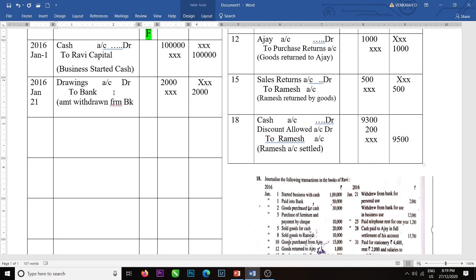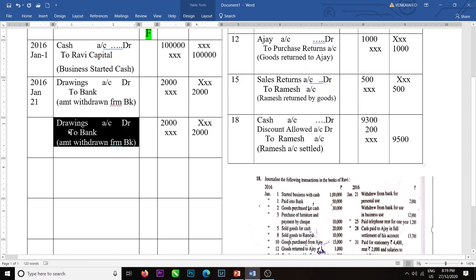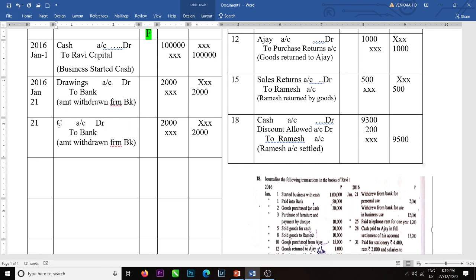Okay. Next one is the same entry. Withdrawn from bank for which use? Office use. Date is the same, 21. For what purpose was the cash withdrawn? Office purpose. So this cash is coming into business. That's why cash account debit to bank account.